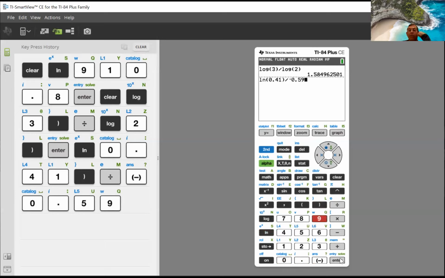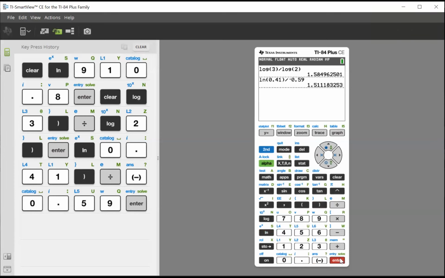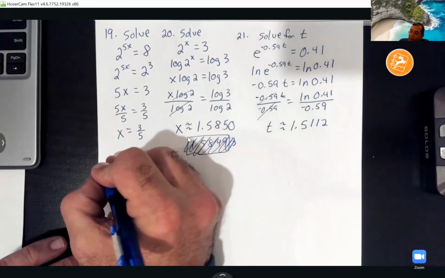All right, so round me 4 decimal places. 1.5112, because that last one had a 1 behind it. So good job. So really, it's the rounding you got to watch for on a lot of these, okay?